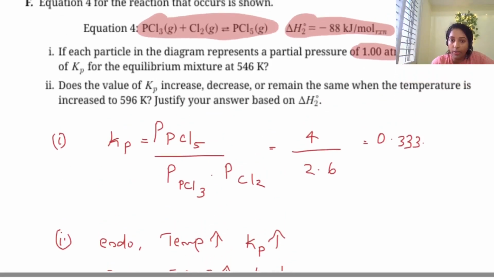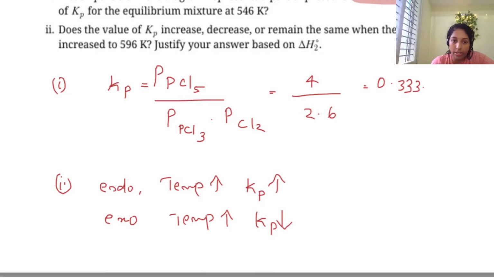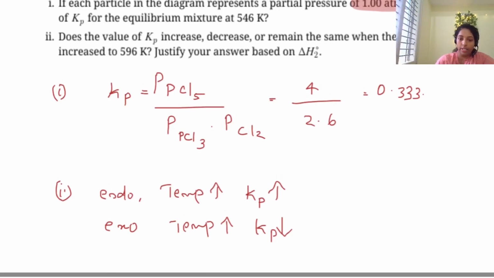Here they gave that it is an exothermic reaction because of the negative 88. So Kp will decrease when you increase the temperature. So that is the answer.